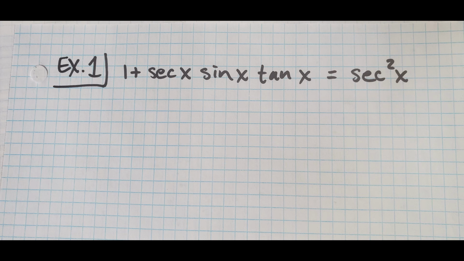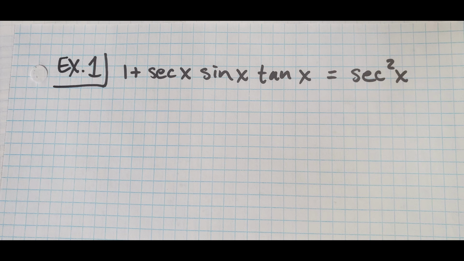Now, a lot of times it's really obvious which side you're going to tackle. On this one, we're going to tackle the left side for sure, because there's a lot more to do on that side. If you look at the right side, it's just secant squared of x. You could turn that into 1 over cosine squared of x, but there's really not much more to do after that. So we're going to deal with the left side, and we're going to attempt to make that look like the right side, and we'll go from there.